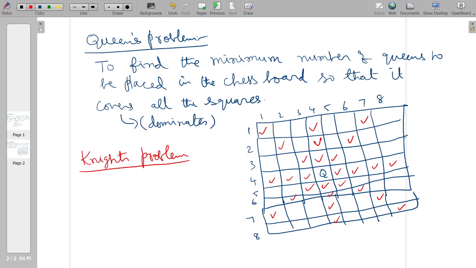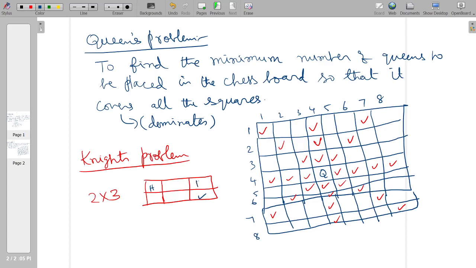Here I have taken a square matrix 8 by 8. I can also have a rectangular array 2 by 3, like this, 2 rows and 3 columns. So if I place a horse here, this would cover this. It would cover only one.